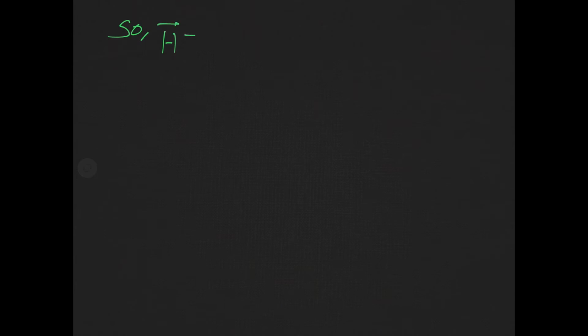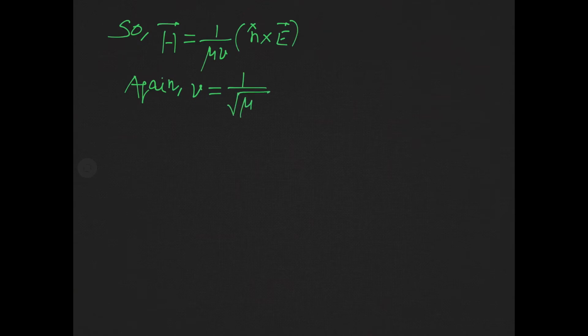So we can write H is equal to 1 over mu v into n hat cross E. And again, we have seen in the previous lecture the phase velocity of this wave in isotropic dielectric is v equal to 1 over root over mu into epsilon, and this implies 1 over v equal to root over mu epsilon.